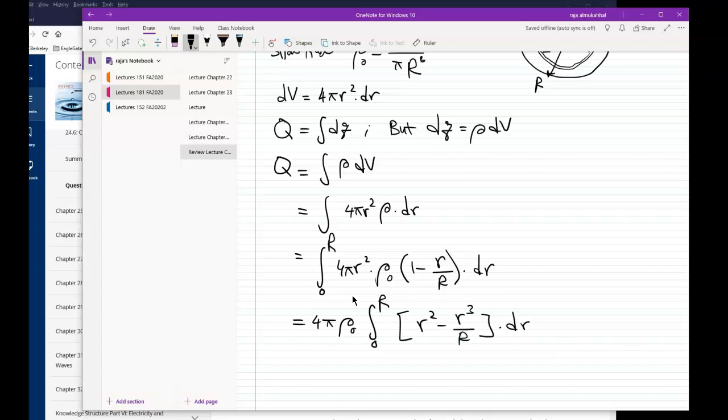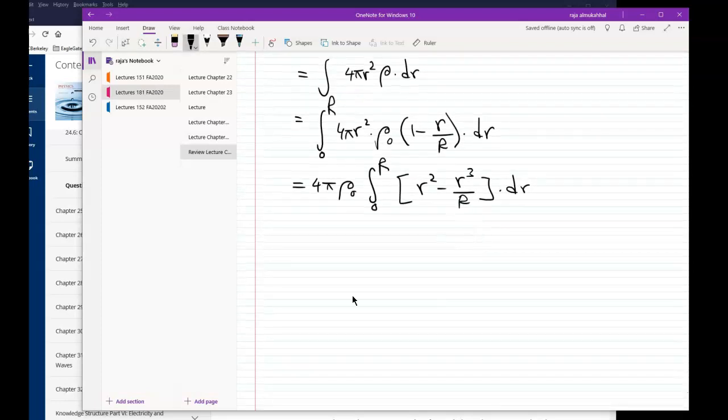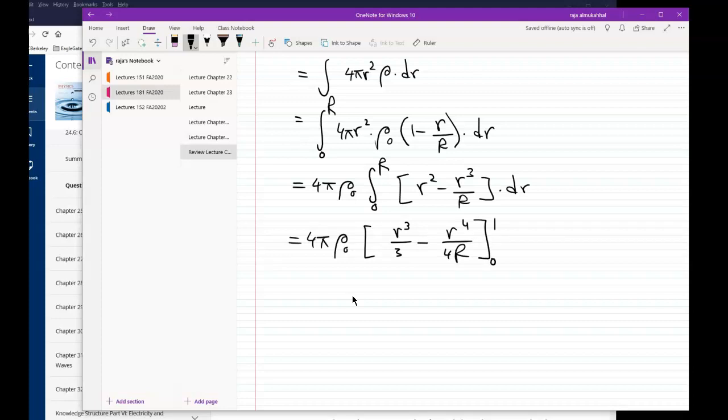And then I integrate. 4 pi rho naught, simple, so that's r cubed over 3 minus r to the 4th over 4R, from 0 to R. Plug in the R in there, so that's going to be 4 pi rho naught, R cubed over 3, excuse me, minus R to the 4th over 4R.